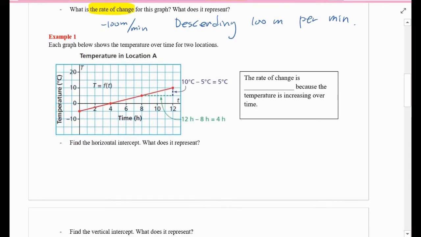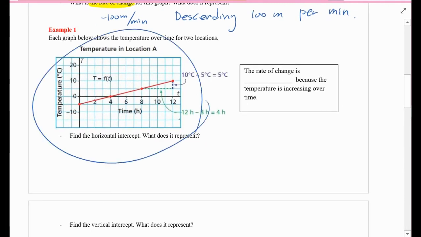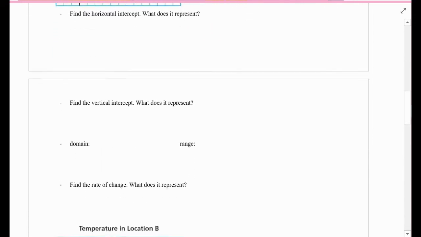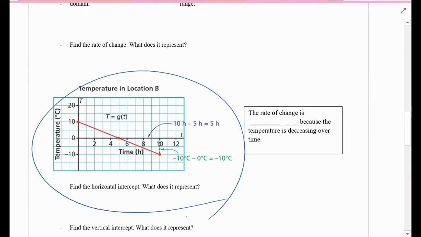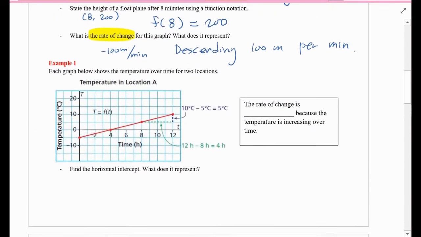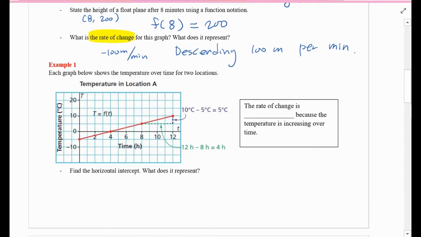Example 1. Each graph below shows the temperature over time for 2 locations. Temperature in location A and temperature in location B. Let's look at A first. Do you think the graph is going up or going down? It is actually going up.